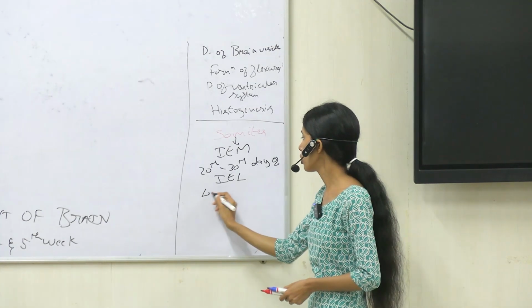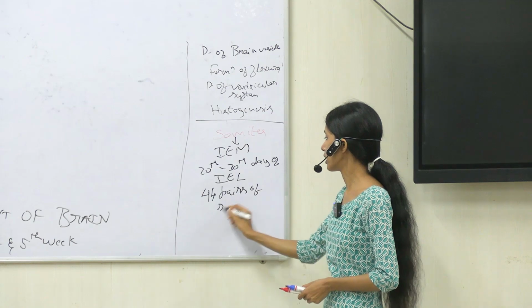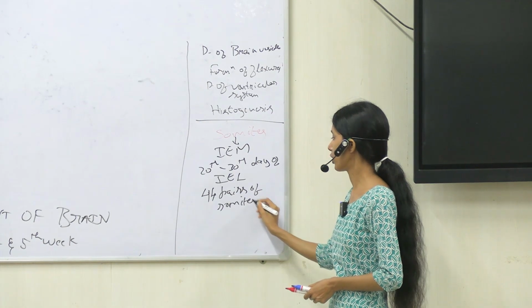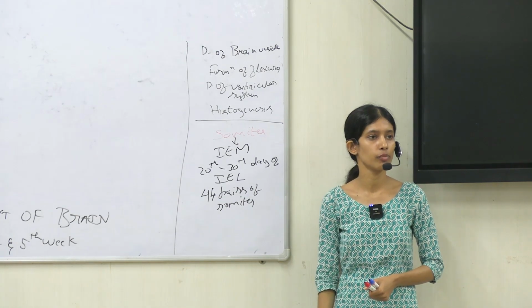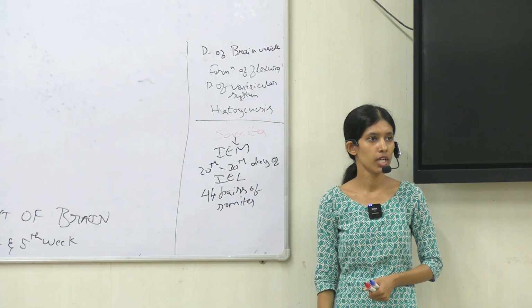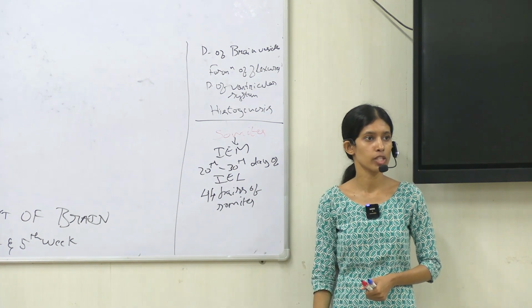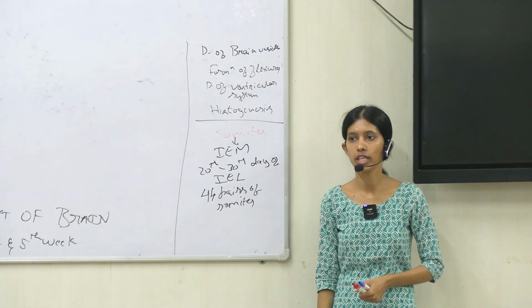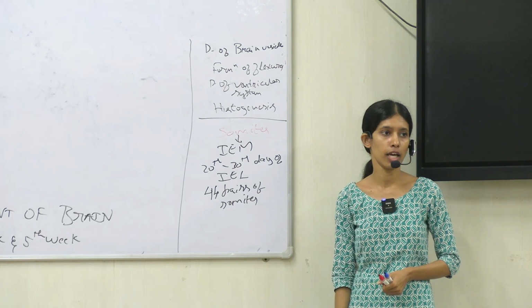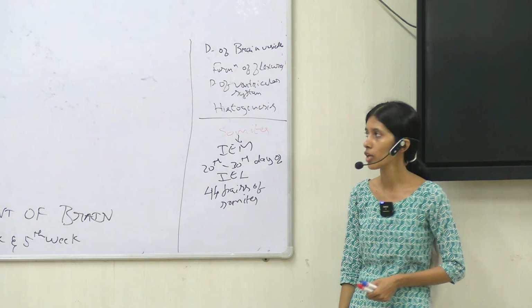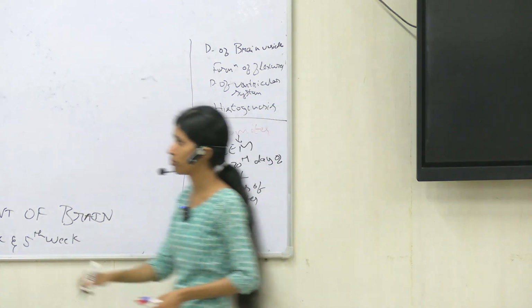There are about 44 pairs of somites present. Your neural tube first gets fused at which somite level?